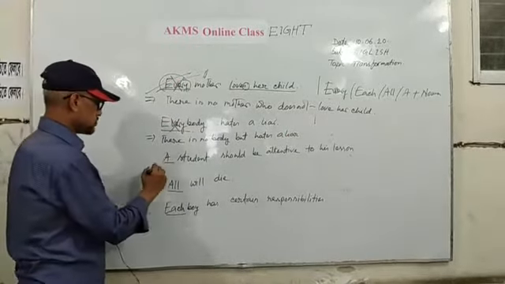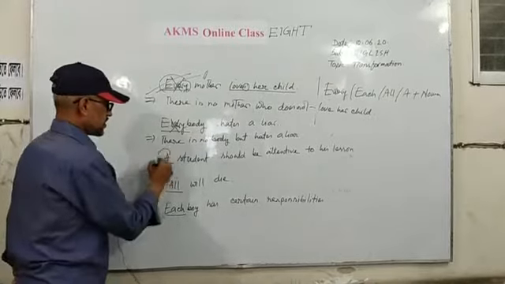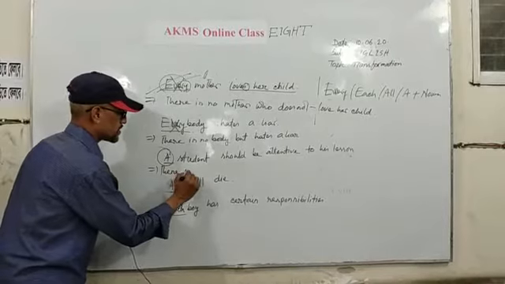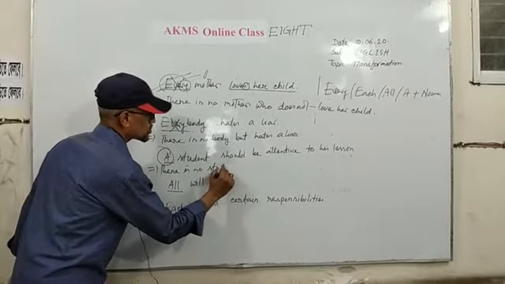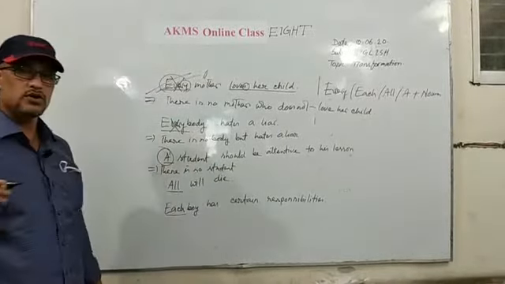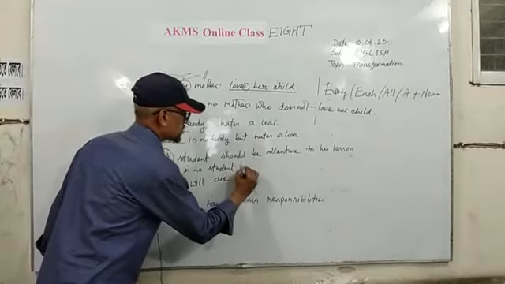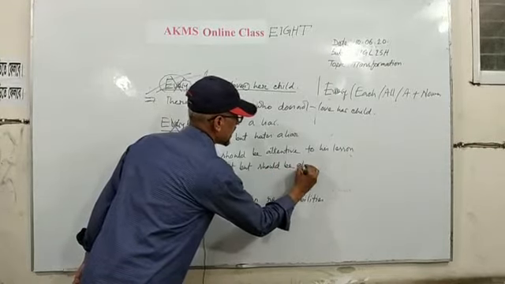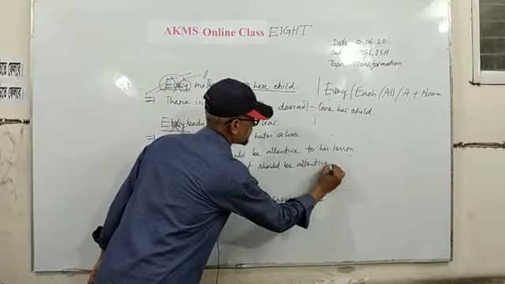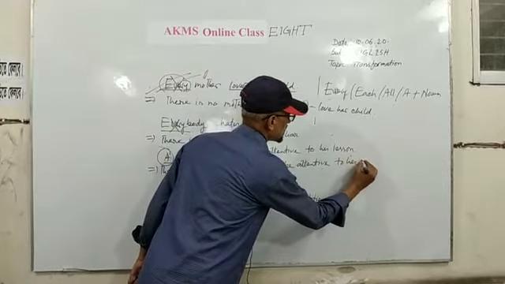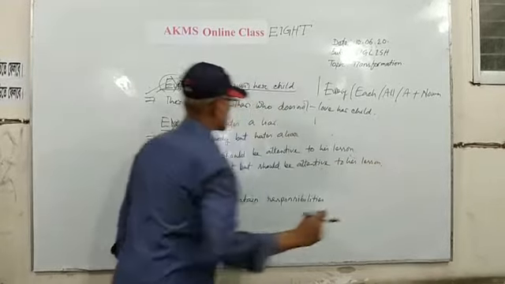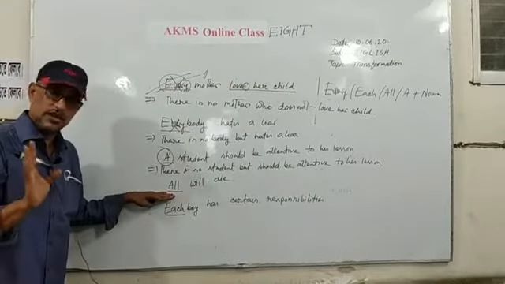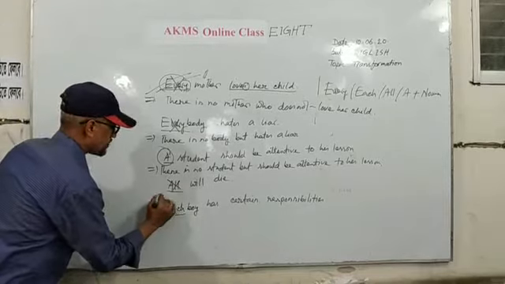Okay? A student. Erase A. There is no student. There is no student but should be attentive to his lesson. All will die. All living being, erase all.